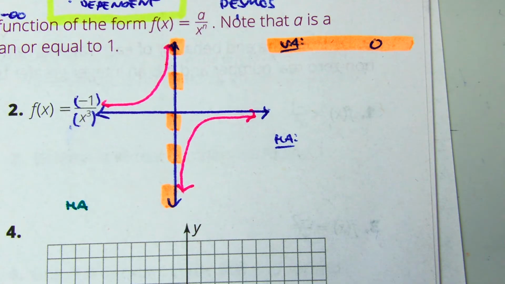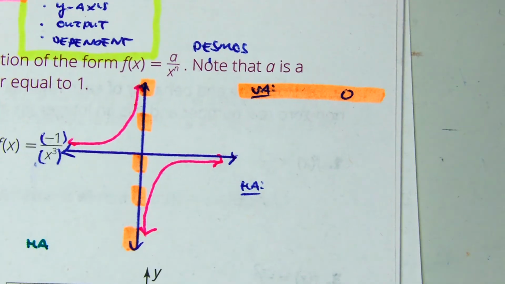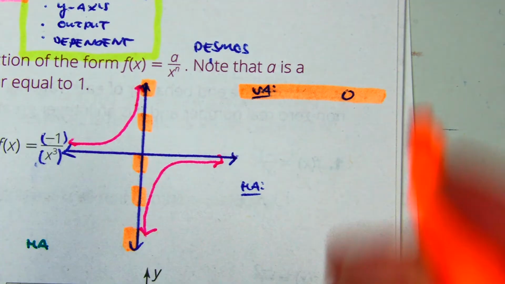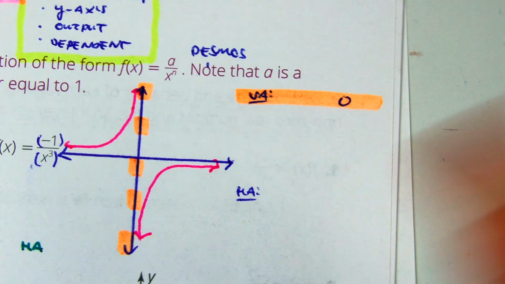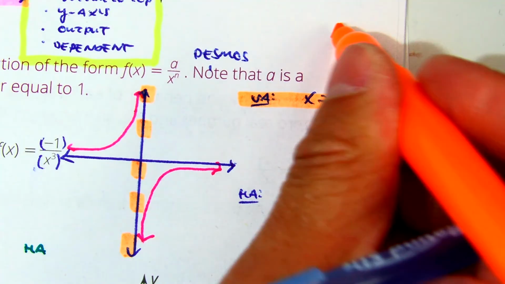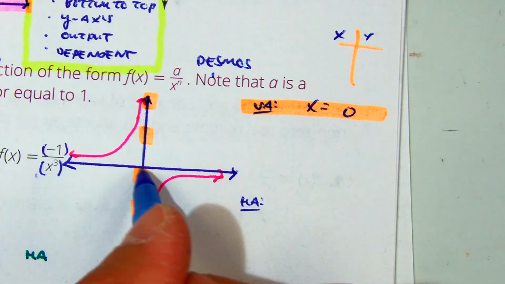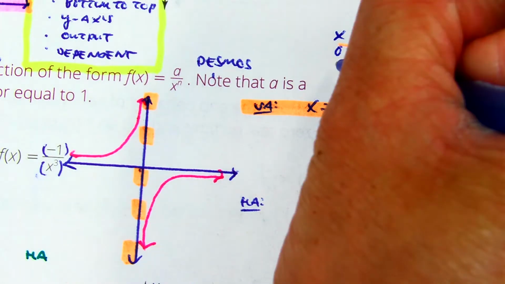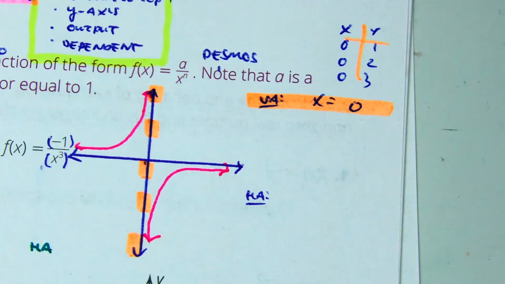X or Y? X is correct. Remember, if you guys get stuck on that, just make a coordinate plane, a table of values, and just pick numbers on there. 0, 1, 0, 2, 0, 3. Those are all coordinates on this line.